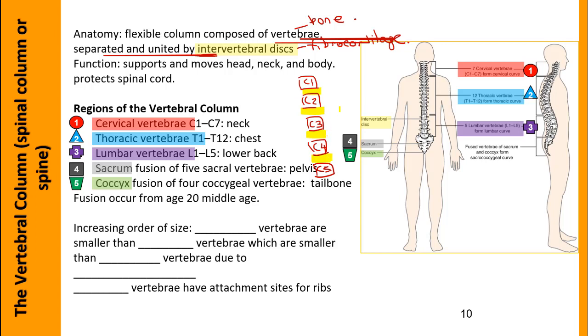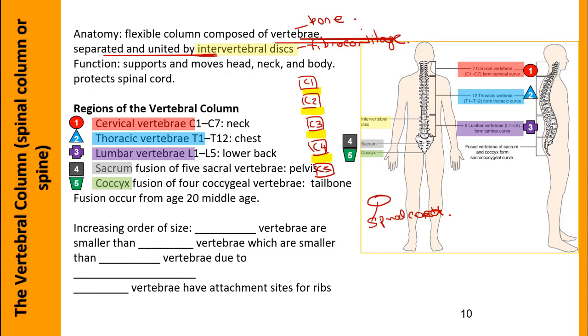And again, like cartilage found in other joints, they help to prevent bone-on-bone contact and damage. The vertebral column helps to support and move the head, neck, and body, and it also protects the spinal cord. So within each vertebra, there is an opening, and that's where the spinal cord goes through.